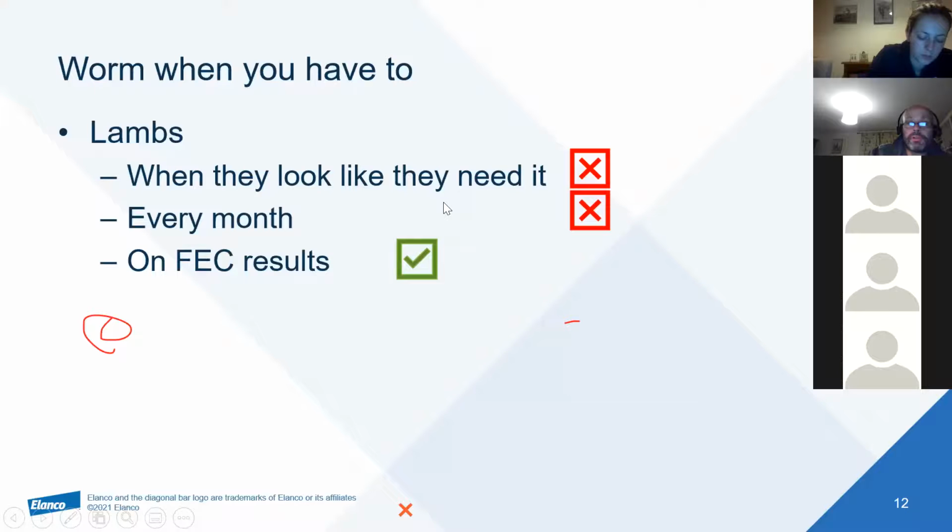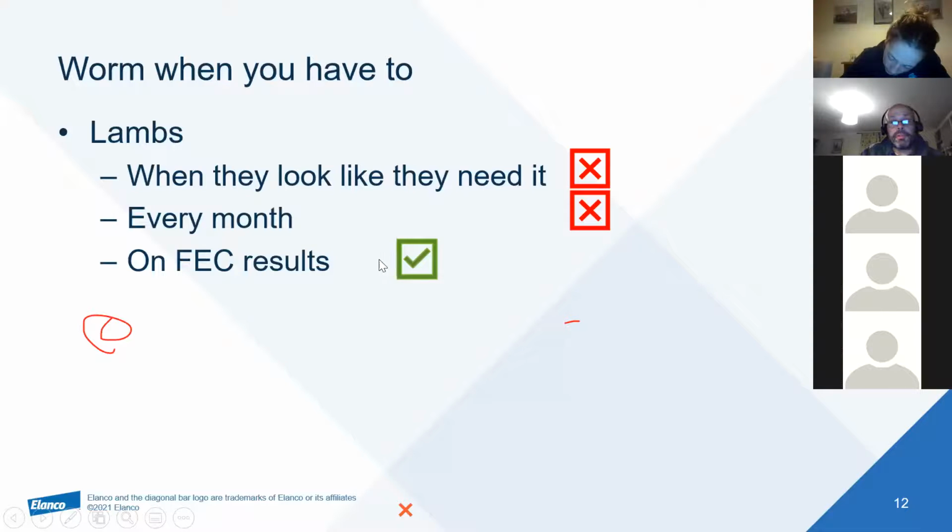What I would do is instead of doing routine treatments every month, I would do a routine mob sample and see if they need worming. And I know that's maybe different than what you're currently doing, but it's not that difficult once you get into the routine of doing it.